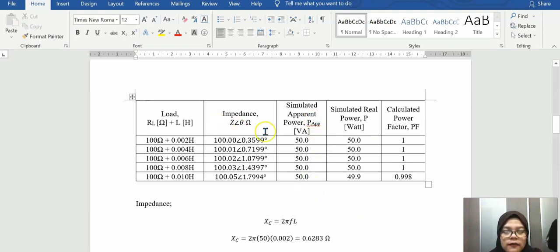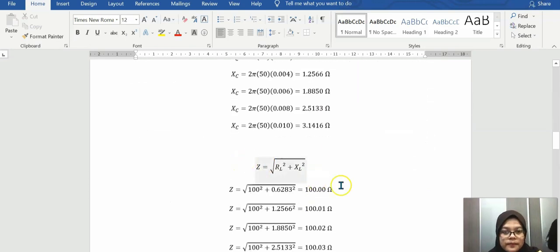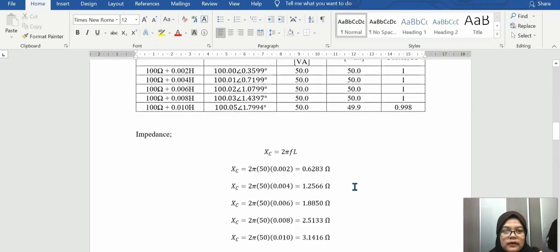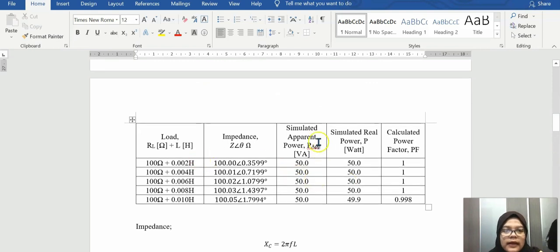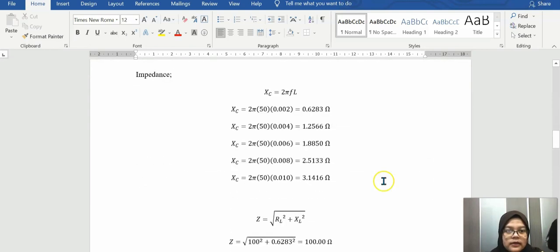For impedance, I calculate using this formula. Then for simulated apparent power, I got it from the simulation before, along with simulated real power. After that, I calculate the power factor.